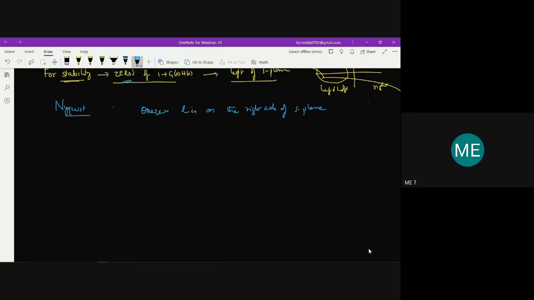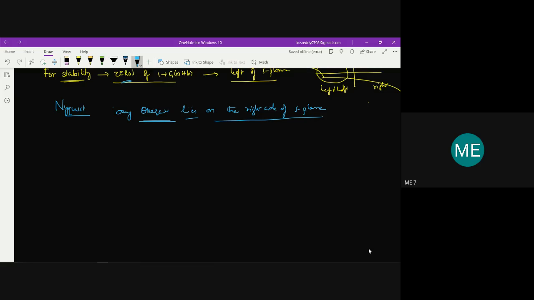So rather than studying whether all the zeros are lying on the left hand side, we study whether at least any one zero lies on the right side of the s plane; then we can say the system is unstable.